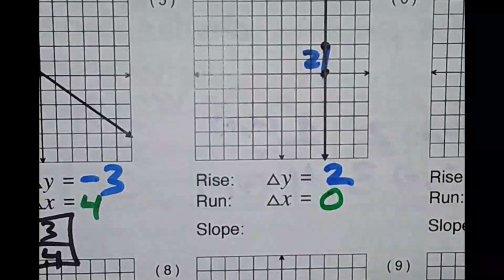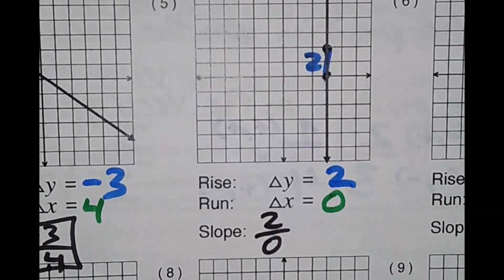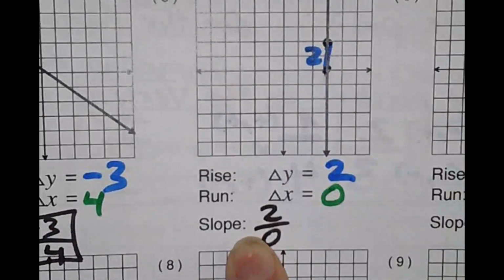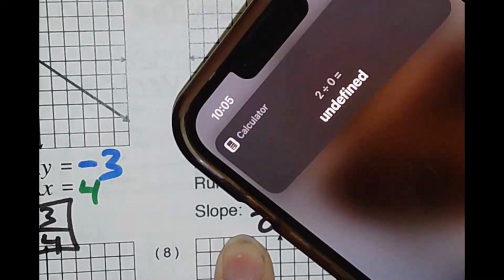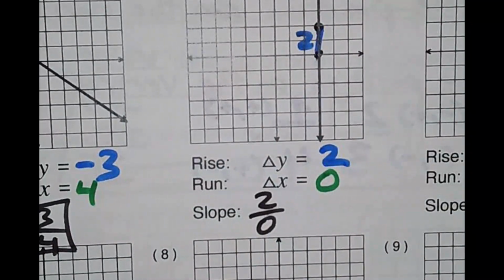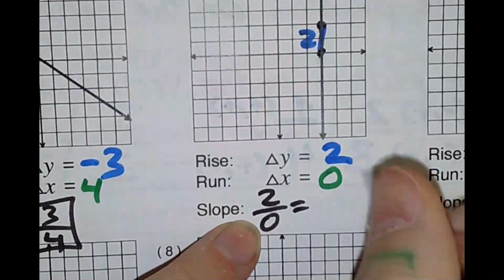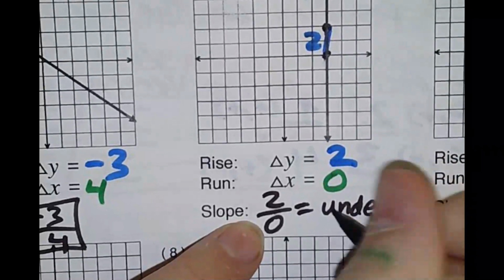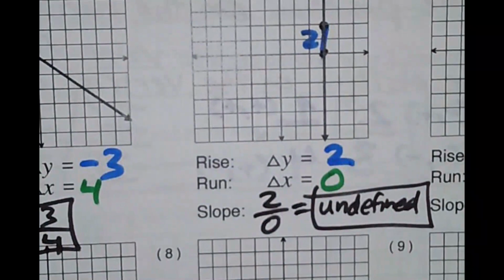There's no horizontal change. So if we do 2 divided by 0, what do we get? The answer to anything divided by 0 is that there is no answer. So if you ever divide by 0, you would say undefined. Any vertical line, remember I brought this up earlier, any vertical line is undefined.